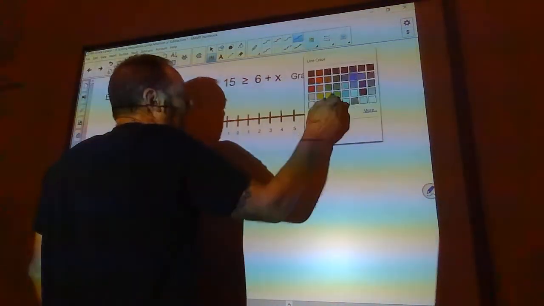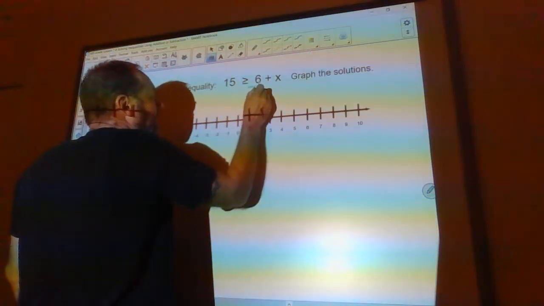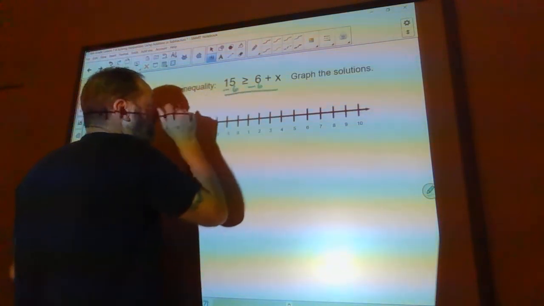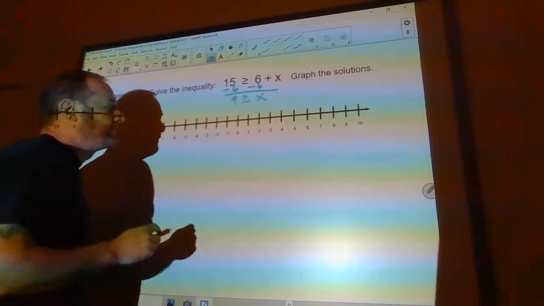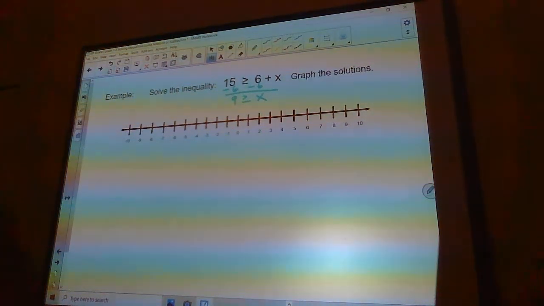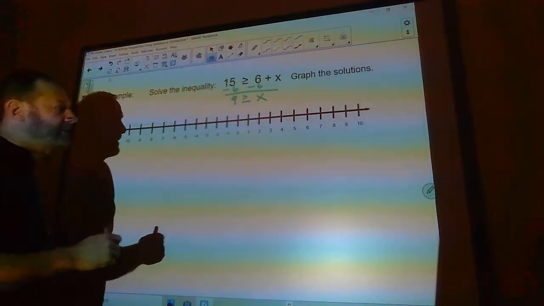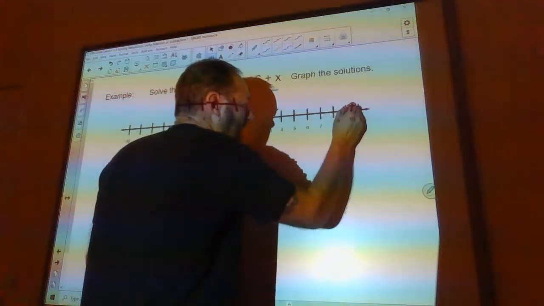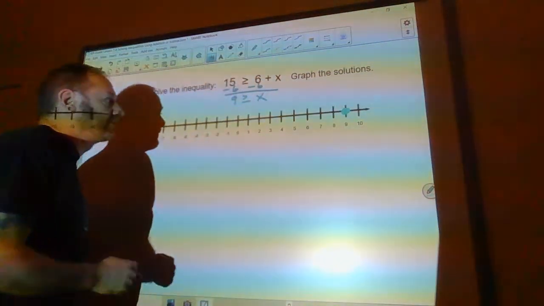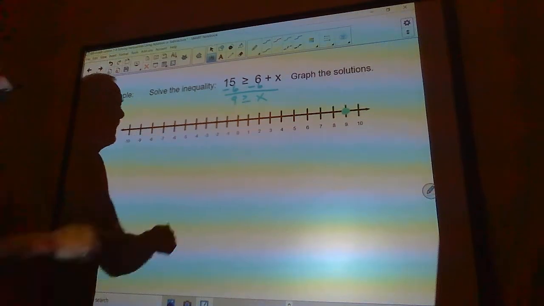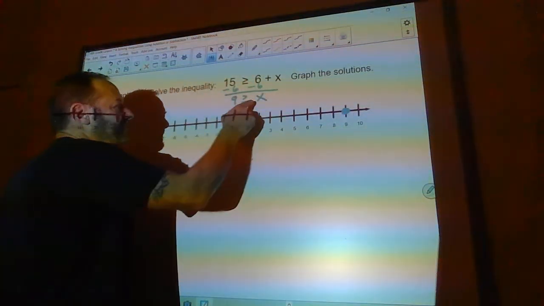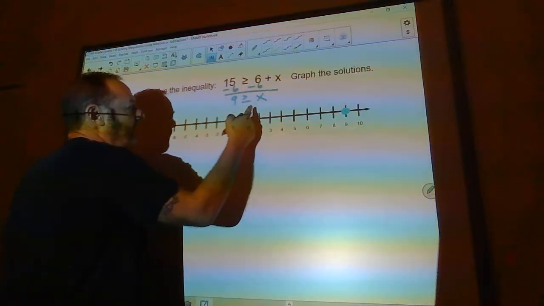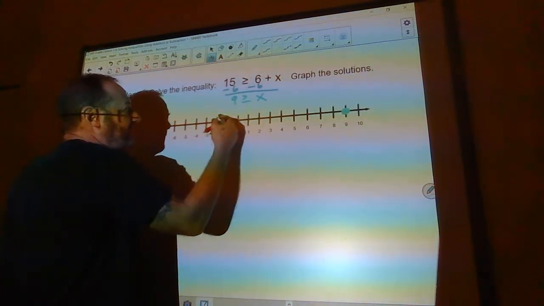Okay, so what I'm going to do here is subtract 6 from both sides of this inequality. And I'm going to get 9 is greater than or equal to x. Now, here's the thing: people will graph this incorrectly. They'll get the 9 right, a closed dot on 9, but they think greater than or equal to, and they'll shade this side. But that's not correct because the x is what we're graphing, and the x is actually less than or equal to 9.